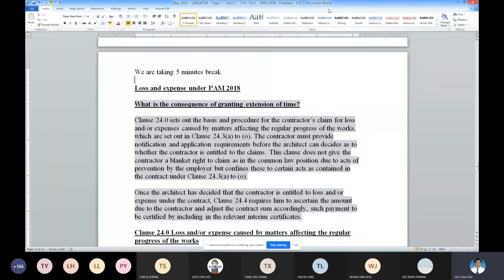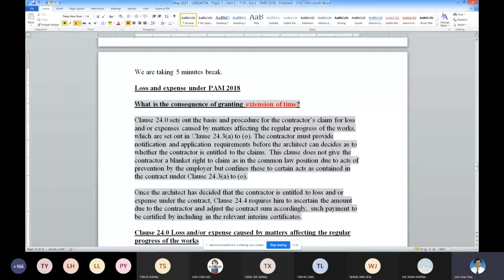So what is the consequence of granting extension of time? Already explained above. It will trigger the rights for the contractor to claim loss and expense in relation to items appearing under clause 24.3a to o.